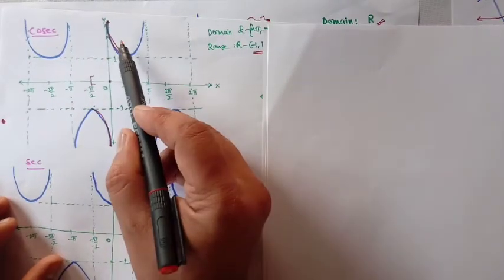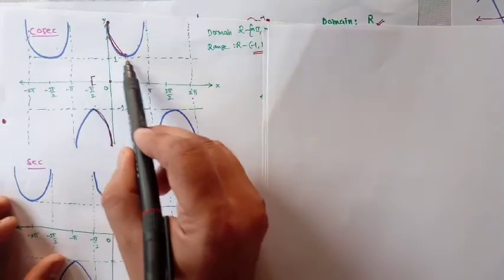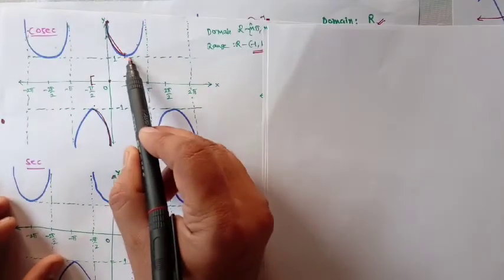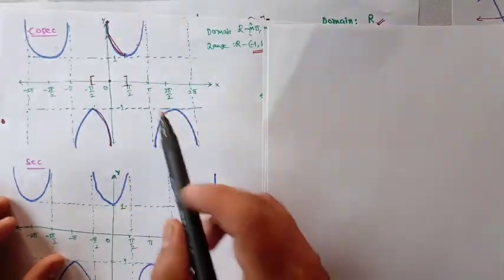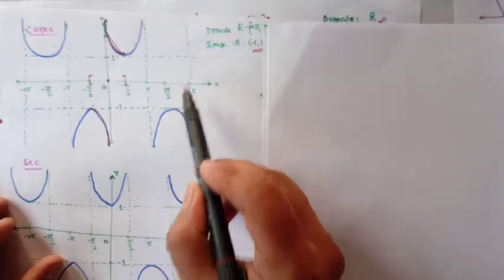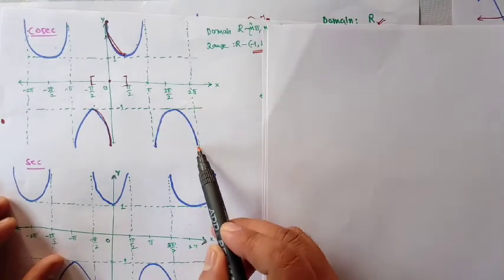Then the cosec graph will be above that particular line. So this is the graph of sine, above it is cosec, and below it is also the graph of cosec.